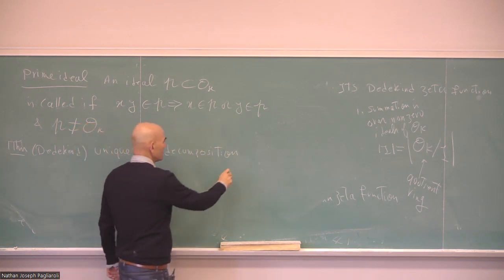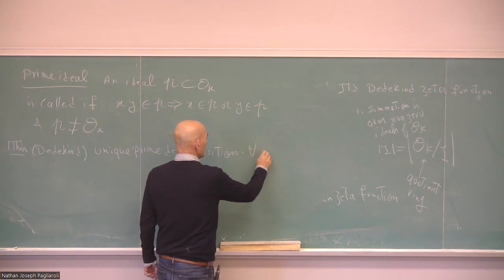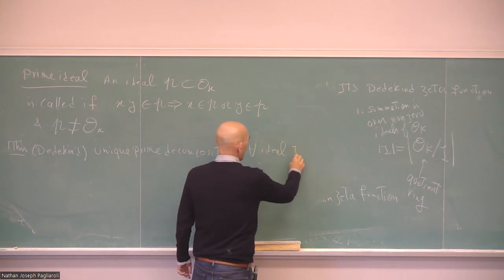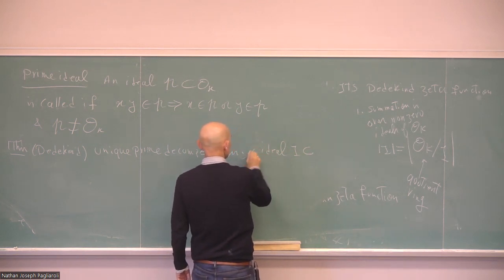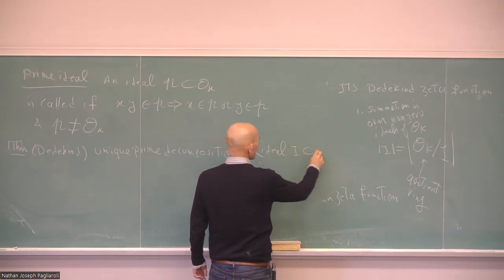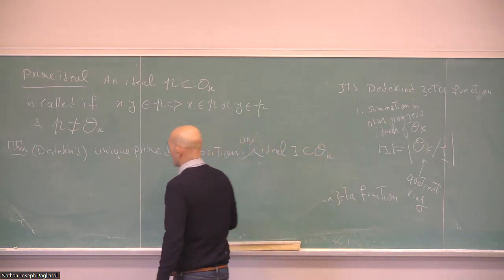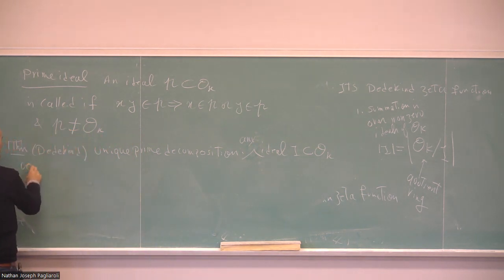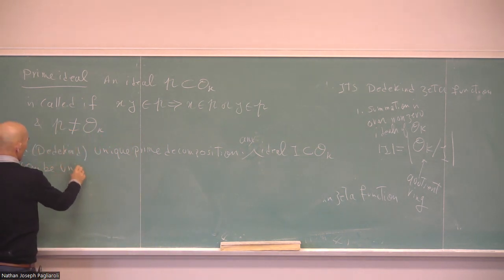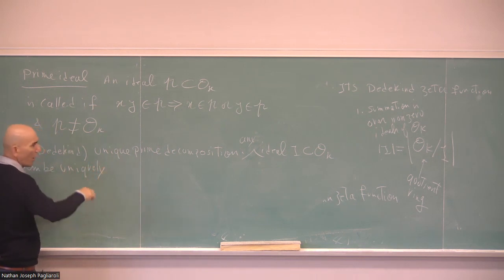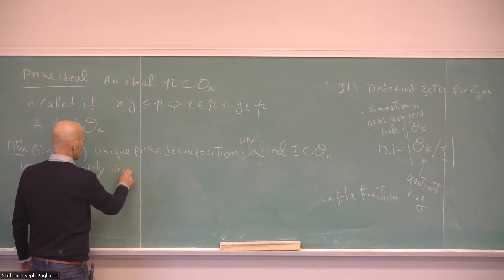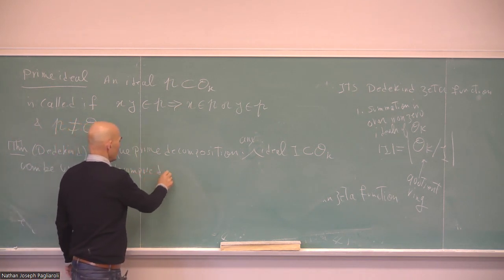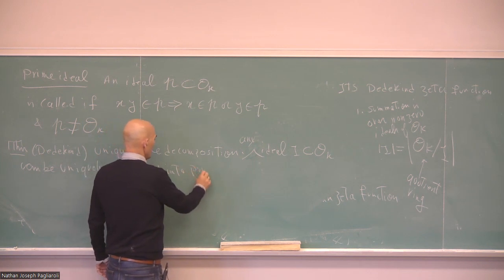Unique prime decomposition. Any ideal I inside O_K can be uniquely decomposed, where uniquely means essentially uniquely, up to permutations and trivial modifications of the product in different orders, into prime ideals.